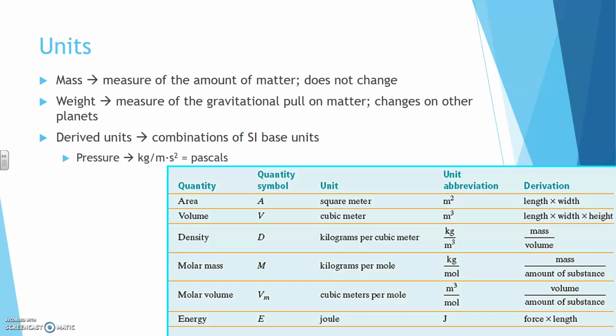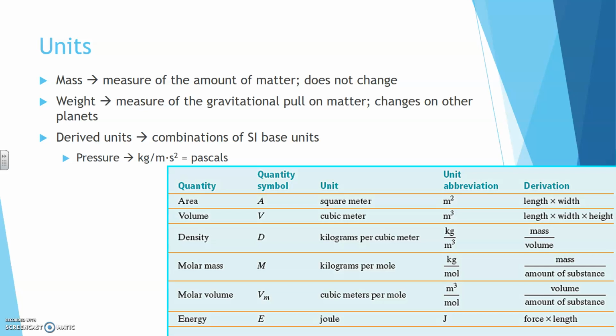Density is very similar to that. You're going to have some kind of mass unit over some type of volume unit. Now, that can come in a lot of different forms. So kilograms is your SI unit, and then meters, again, is your SI unit. So kilograms per meter cubed. Because remember, this has to be a volume unit.